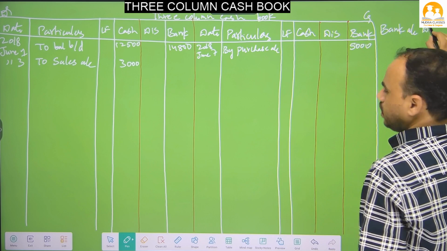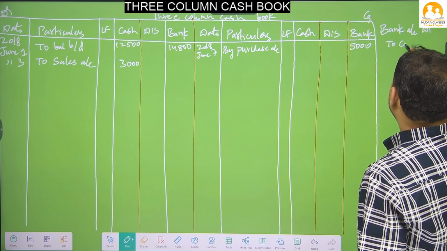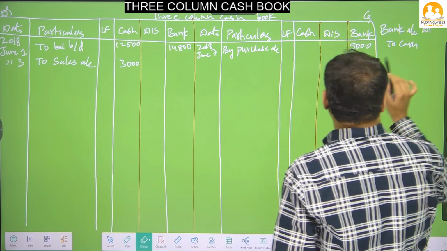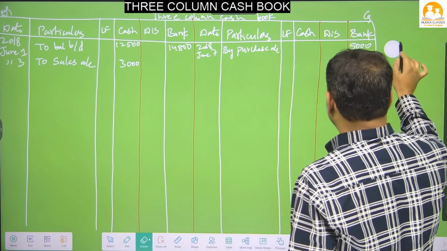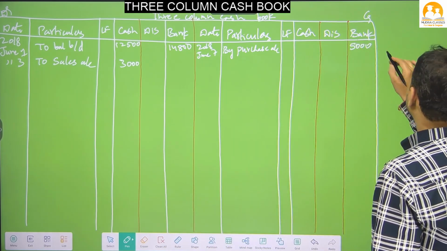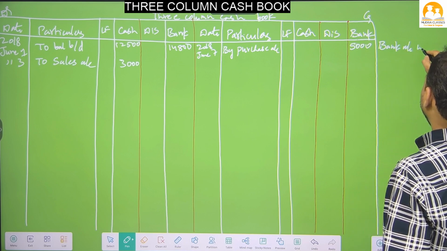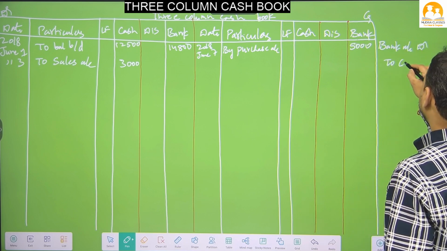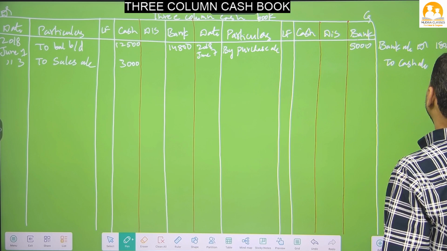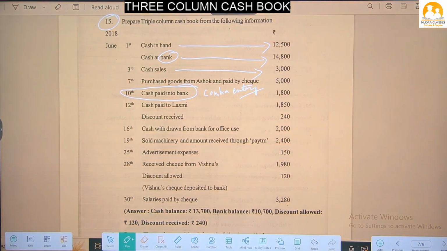Bank account debit to cash account. I am writing a little bit down so that you can understand, as you are unable to see the journal entry there. This is the journal entry. How much amount we deposited? 1,800. So debit side 1,800, credit side 1,800.